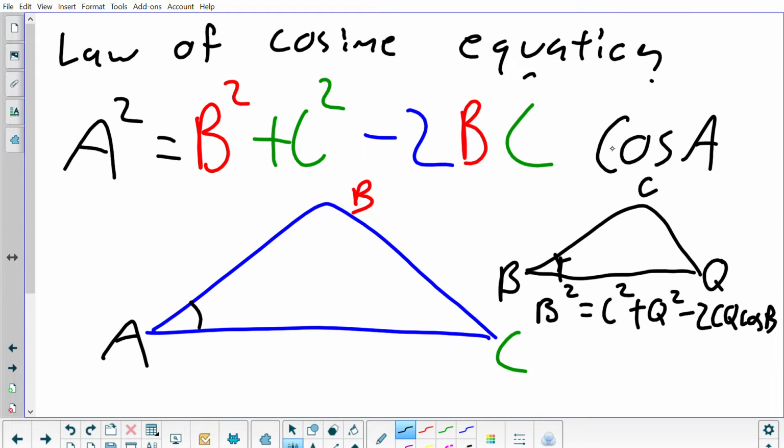So here's our equation. Don't get hung up on the letters, just the pattern of how they're written.